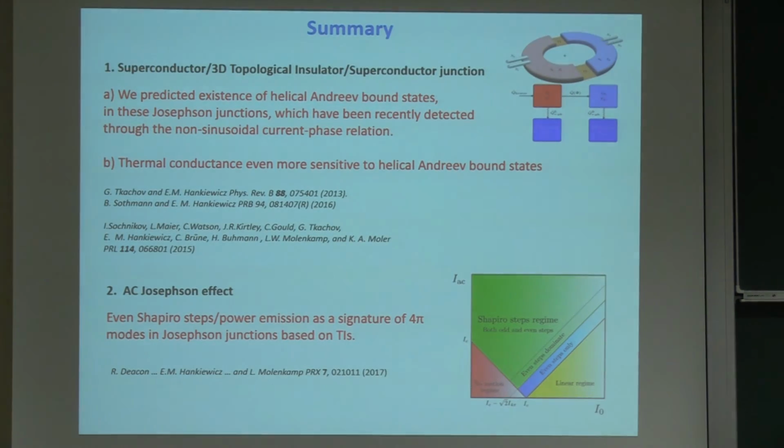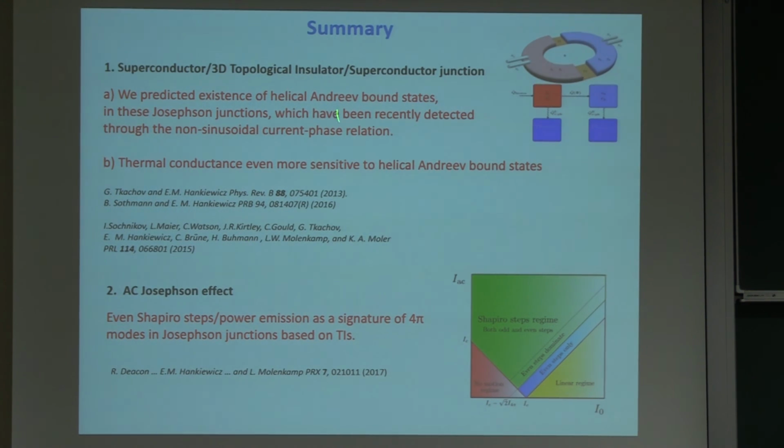And let me summarize. So we were talking about a few different things, but they were all related to the topological Andreev bound states, which one can generate in the system when one has a proximity effect with a superconductor on a topological insulator.